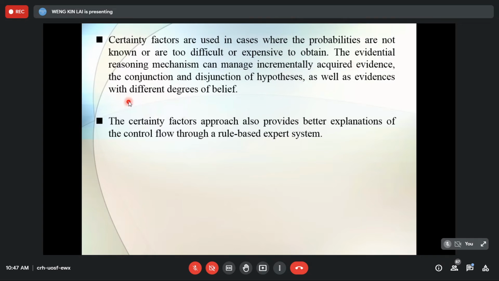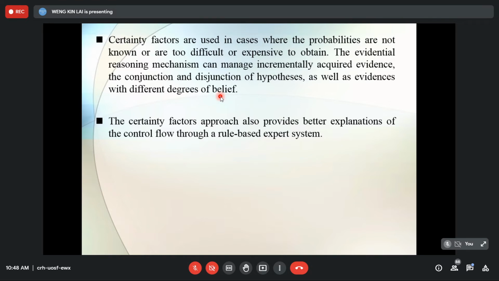And then the conjunction and disjunction of hypotheses. That means that I can also combine the different evidences to contribute towards my hypothesis, either through conjunction or disjunction, as well as evidences with different degrees of belief. We talked before about a measurement of belief and a measurement of disbelief.